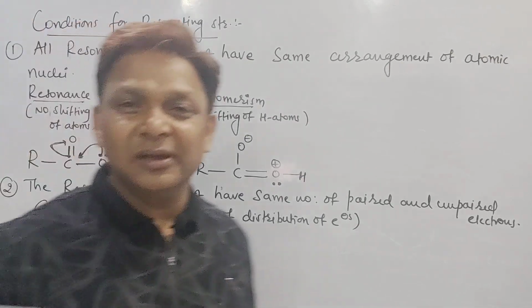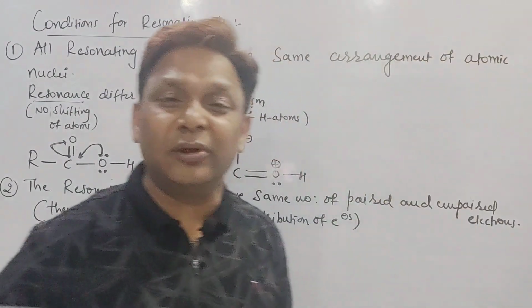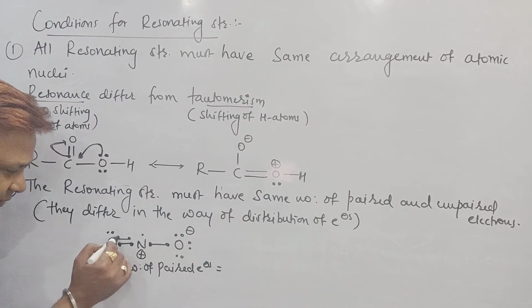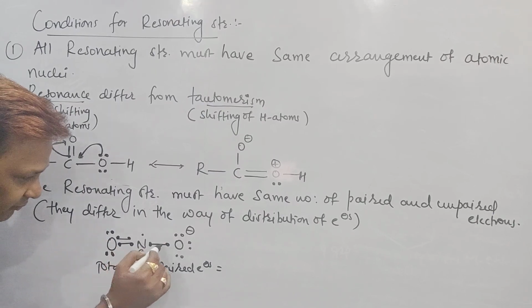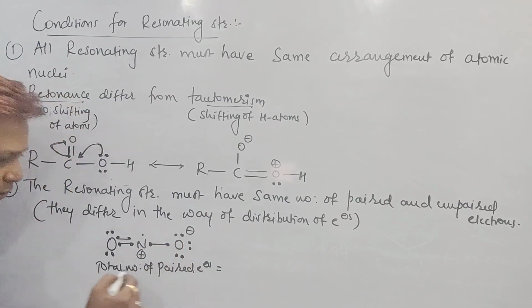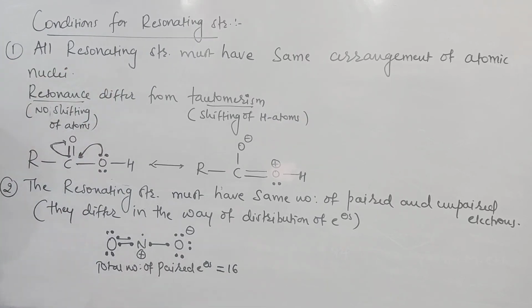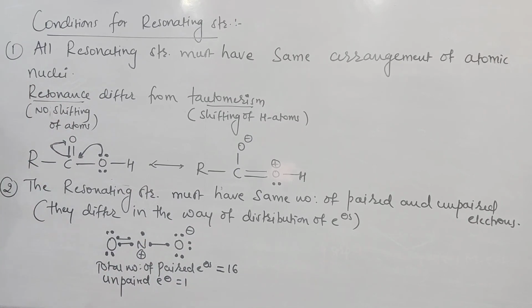Once you check, because a bond is nothing but formed due to what? Sharing of electrons. So I can say it is a paired electron: 1, 2, 3, 4, 5, 6, 7, 8. Total number of paired electrons is 8. 8 into 2 is 16. How many unpaired electrons does it have, sir? Unpaired electron is equal to 1. See, nitrogen is the only one having an unpaired electron.